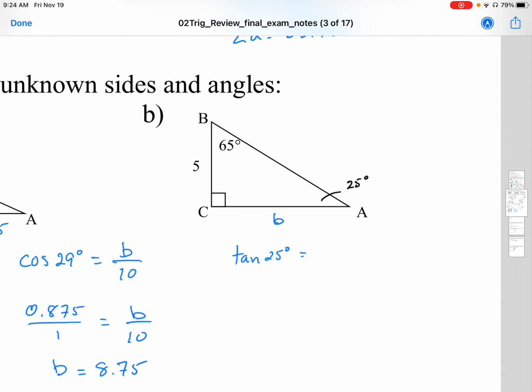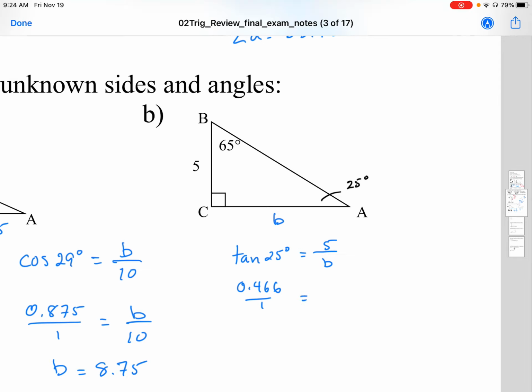So tan of 25 degrees equals opposite over adjacent, or rise over run. So I have the angle, I want a ratio, I'm going to use my tan button. Tan 25 gives me the ratio of 0.466 to 1.